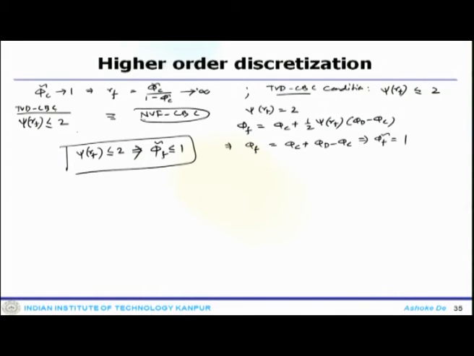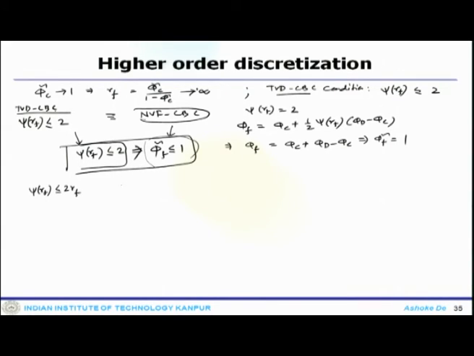So, whatever the conditions here in the TVD CBC, equivalent conditions one can find out in NVF CBC. Now, the last condition imposed on the TVD CBC is that psi RF less than 2 RF.